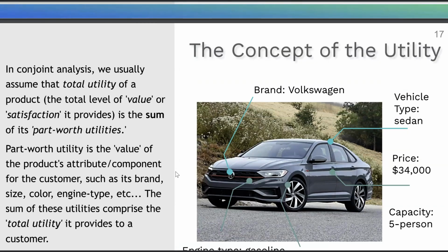We call these part worth utilities, which is the value for the various attributes or components that the customers get out of it, such as the brand, the size, the color, the engine. And as you vary these attributes, the sum of all of these will create this total utility.